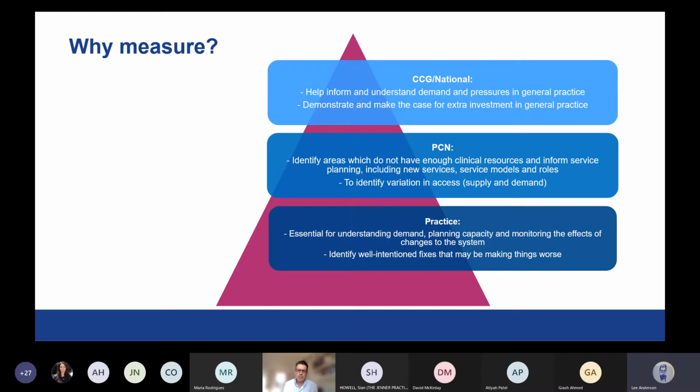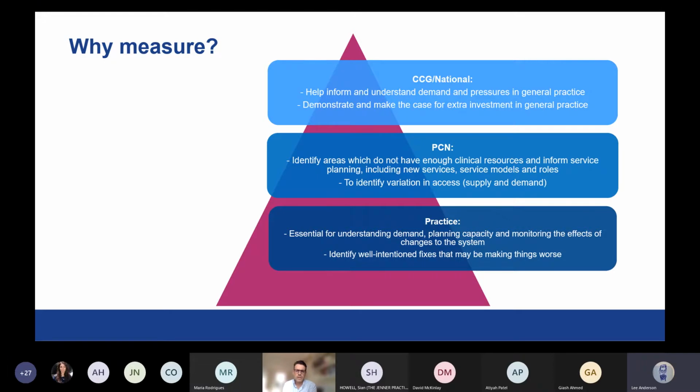We are constantly bombarded with things like A&E data and hospital waiting times data, but actually primary care appointment data is pretty hard to come by, although we all know that the pressures on primary care are absolutely immense at the moment. It's often quite difficult to articulate how busy people are in primary care, and I think that doesn't do us a great service in terms of getting the funding and investment that we need to deliver the services that we do.